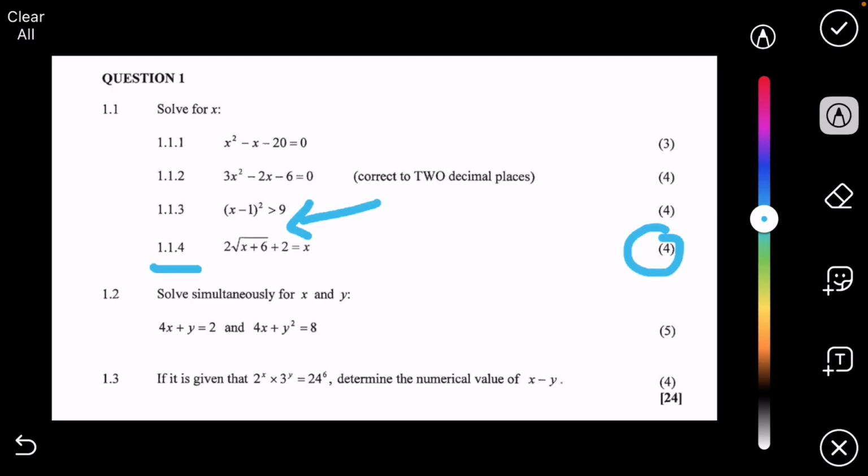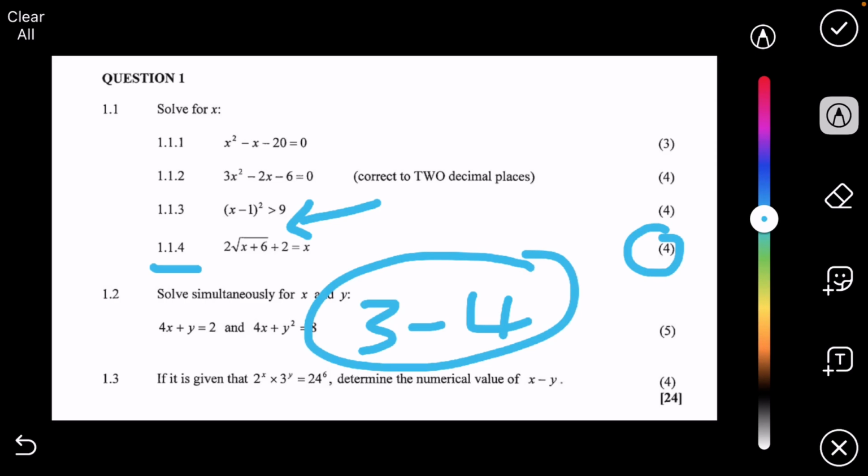For questions which are allocated 3 to 4 marks, they are not that complicated. But when a question is given at least 5 marks, you need to apply your mind. Most importantly, try by all means to show all the necessary steps. Very, very important.